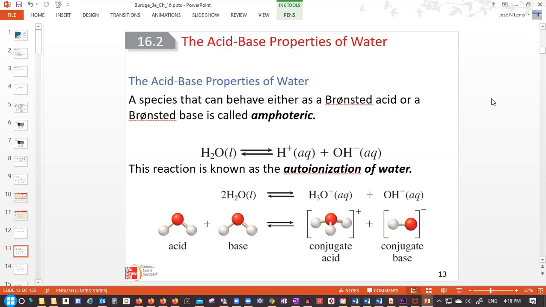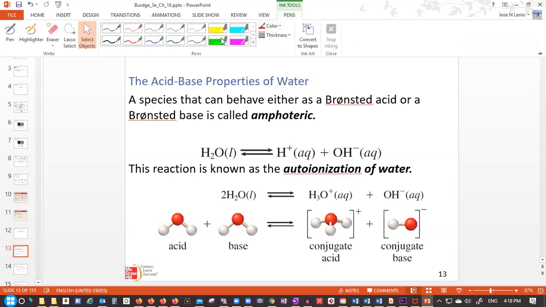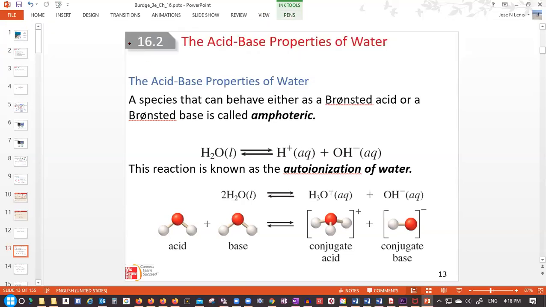Sometimes it's written this way. This is a shortcut representation of the auto-ionization of water, where pure liquid water breaks down into H plus and OH minus.